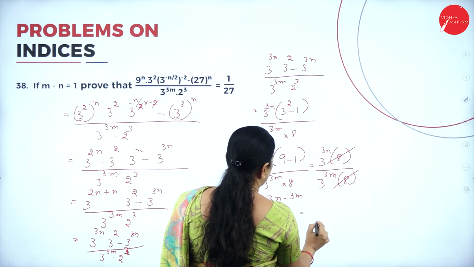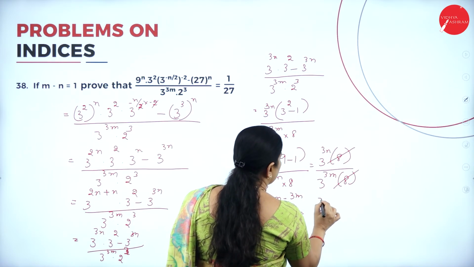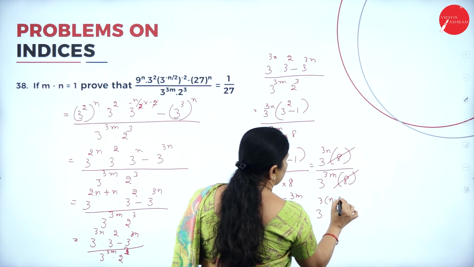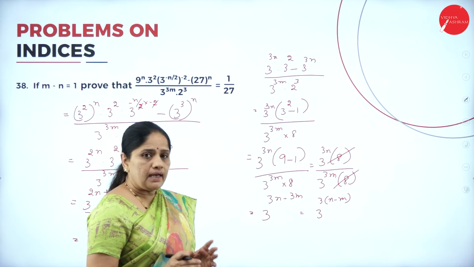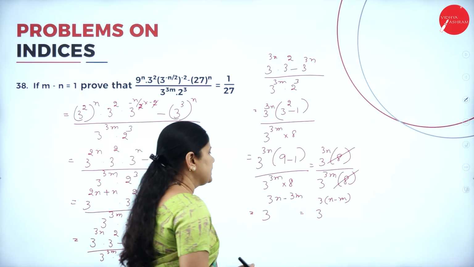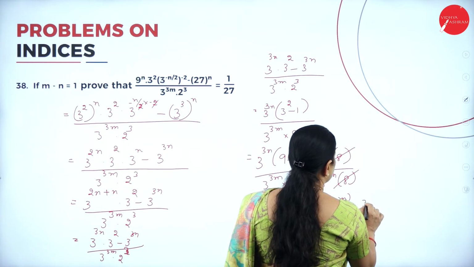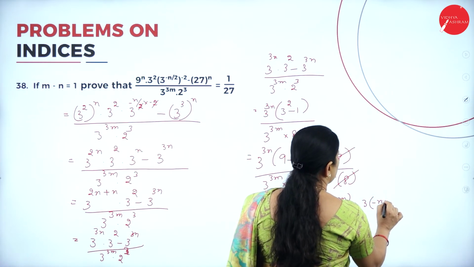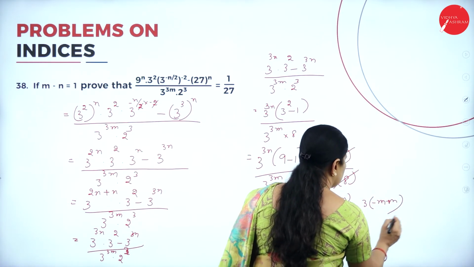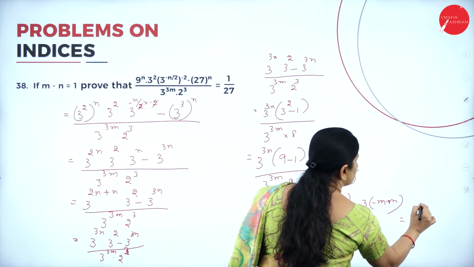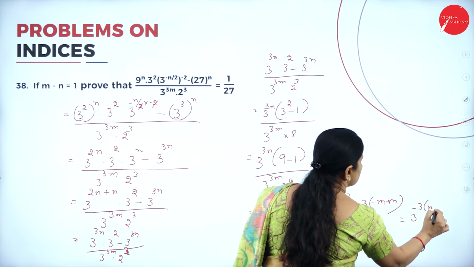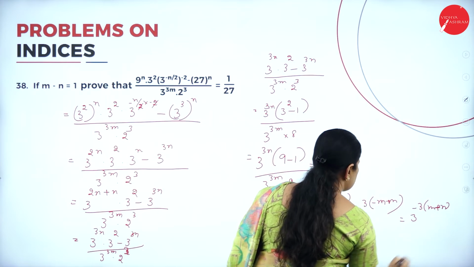So this is equal to 3 to the power of 3 into n minus m. Now this can be written as 3 to the power of 3 into minus m plus n, or this will be equal to 3 to the power of minus 3 into m minus n.